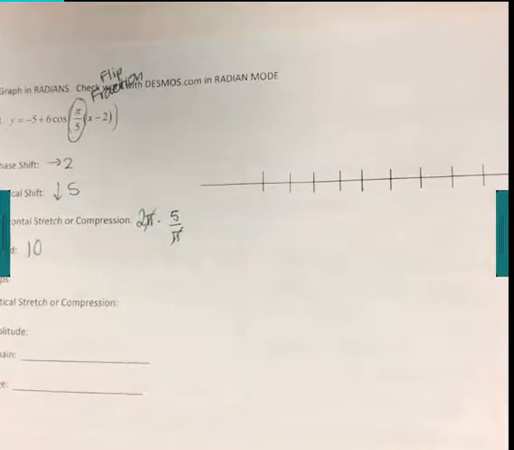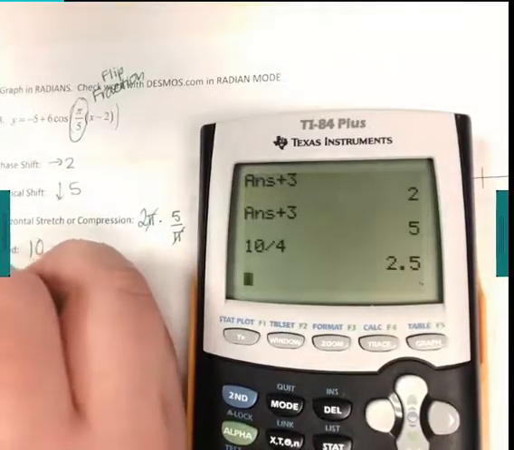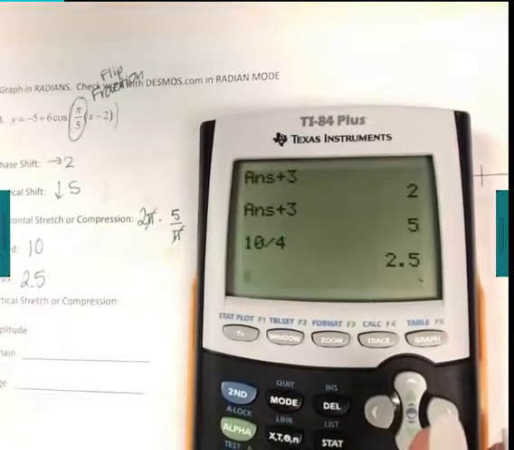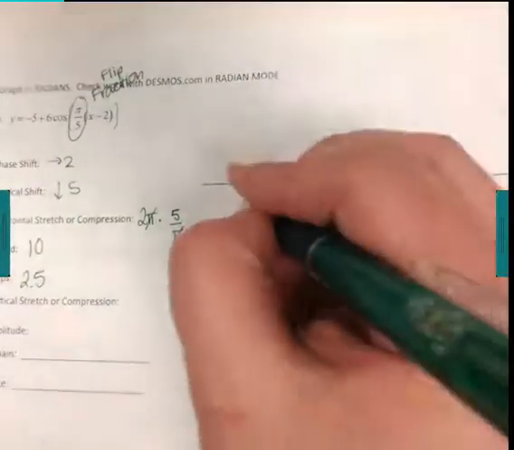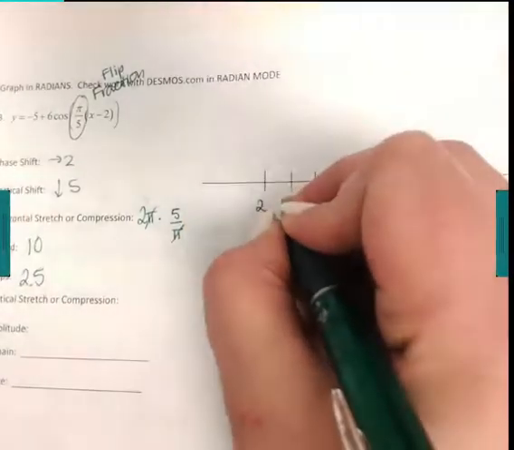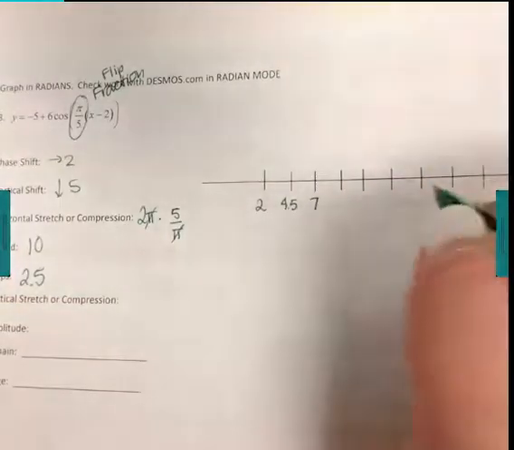Divide that into steps of 4. 10 divided by 4 gives me a step of 2.5. And then where am I going to start on my graph? To the right 2. So this should be 2. Then if I add 2.5 to that, what would come next? Then after that? Then?